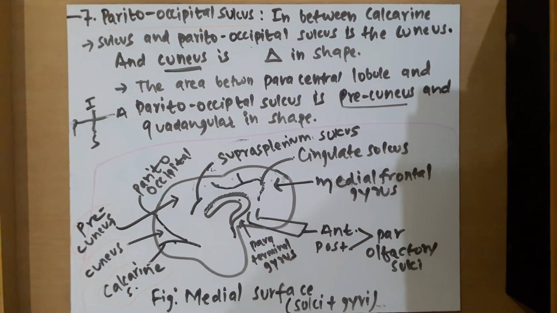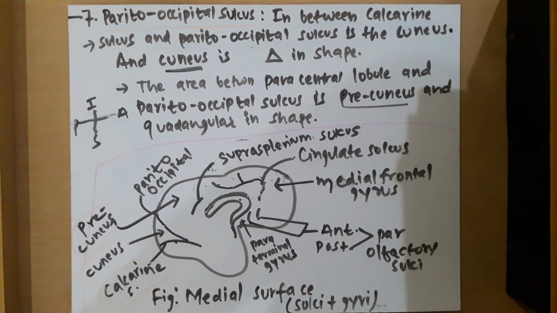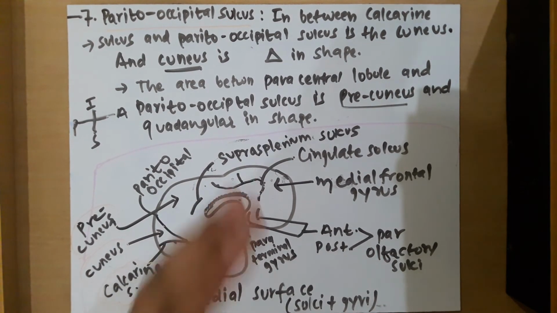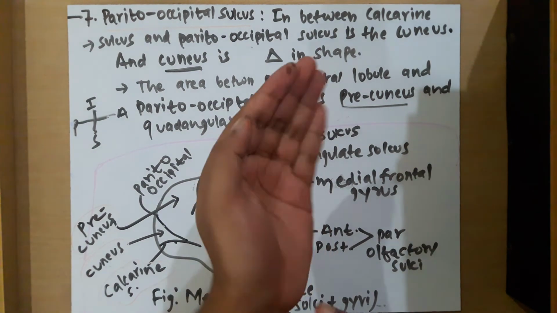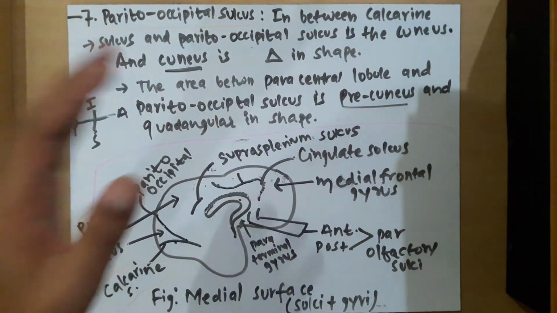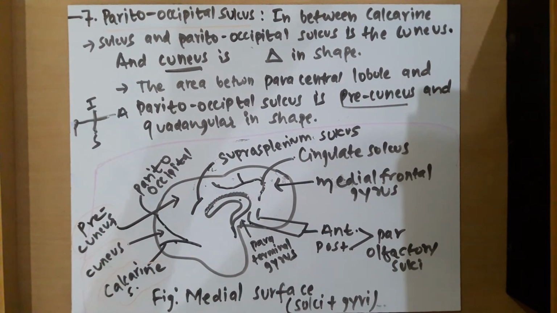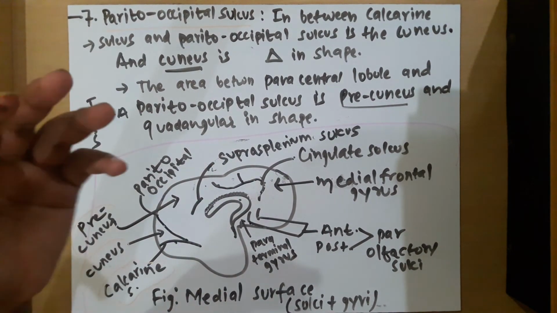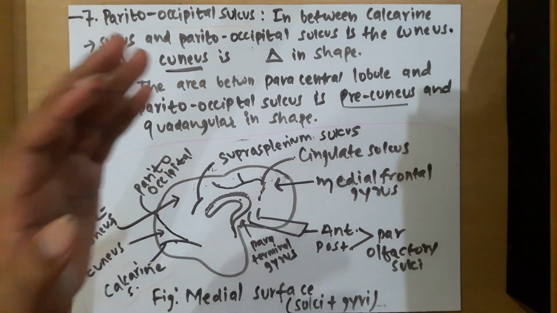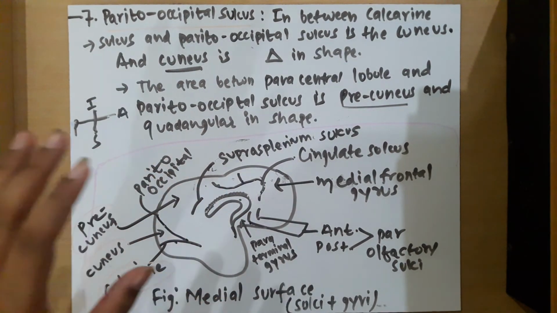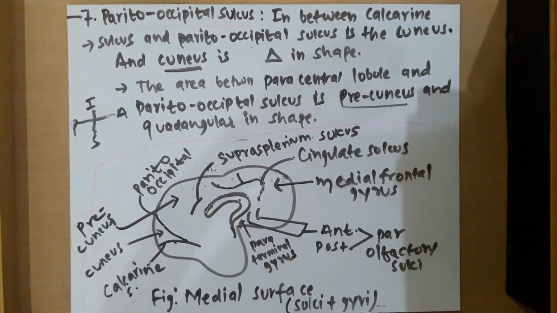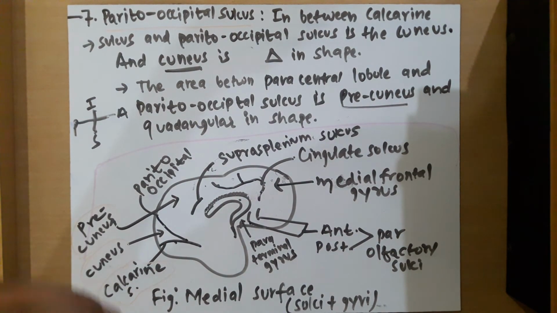Okay, so I hope you understood the sulci and the gyri present on the medial surface of the cerebral hemisphere. Suppose this is a cerebral hemisphere, this one is the medial surface, and these were the sulci and the gyri present on it, and we discussed all of them along with the diagram. Not that good a diagram, but it is understandable.